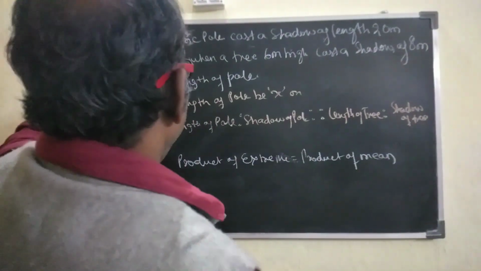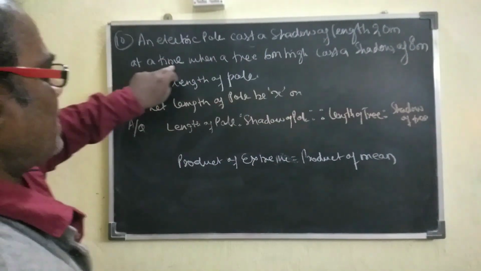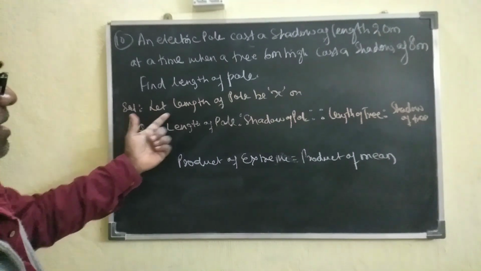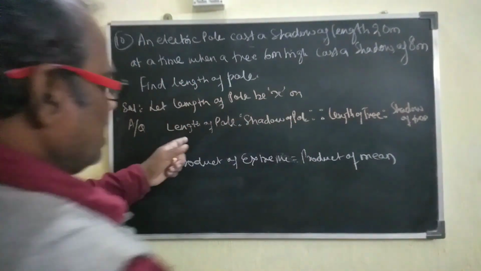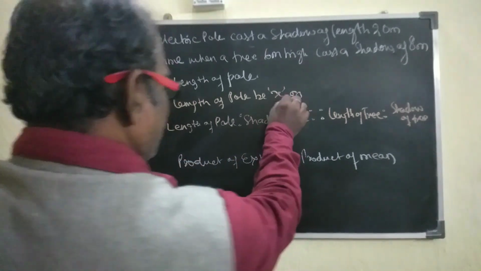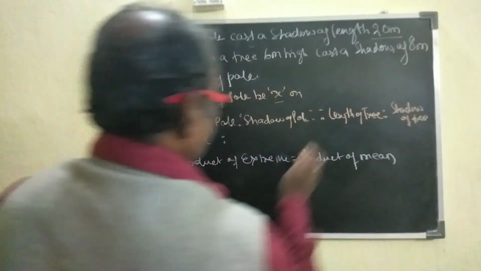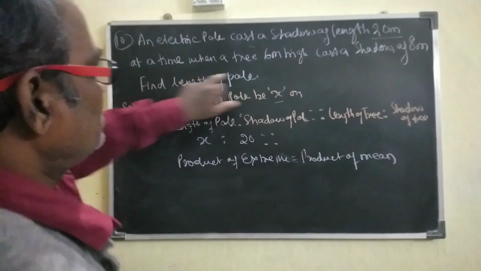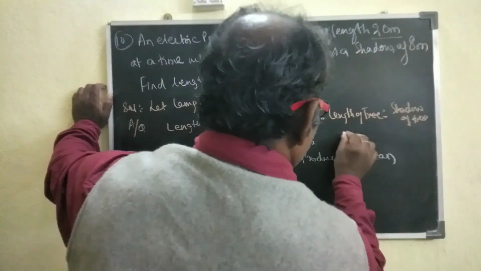This is question number 10. An electric pole casts a shadow of length 20 meter at a time when a tree of 6 meter casts a shadow of 8 meter. Let the length of the pole be x meter. Therefore, the length of the pole x is to the shadow of the pole 20 is proportional to 6, the tree, is to the shadow of the tree 8.